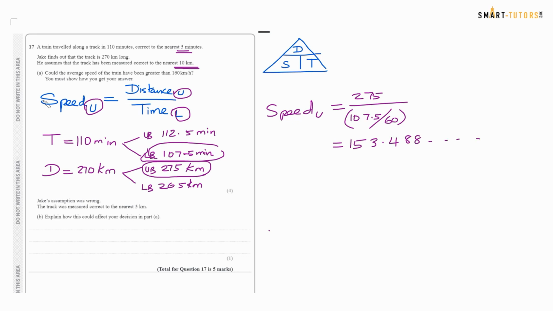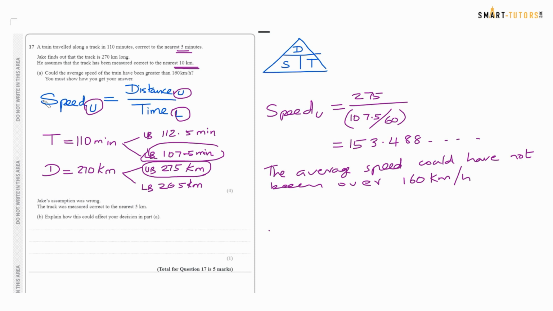If you press the calculator, you will get 153.488... So you can say the average speed could not have been over 160 kilometers per hour.